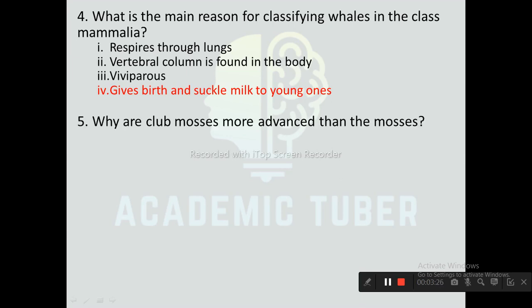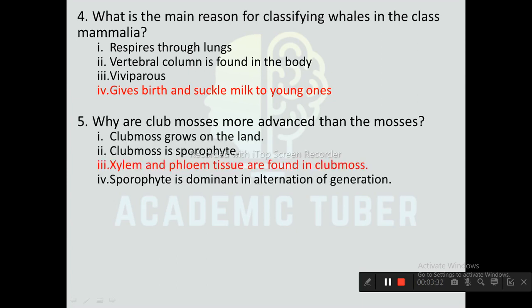Next one is, why are club mosses more advanced than the mosses? And the options are: club moss grows on the land; club moss is saprophyte; xylem and phloem tissue are found in club moss; and next one is sporophyte is dominant in alternation of generation.